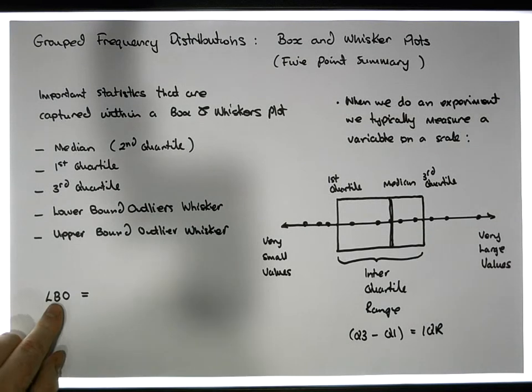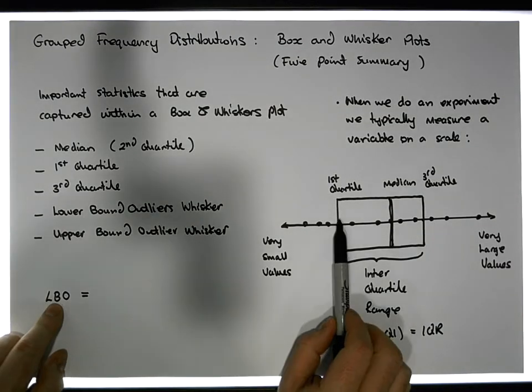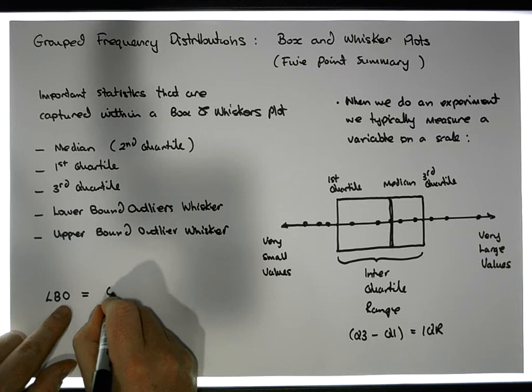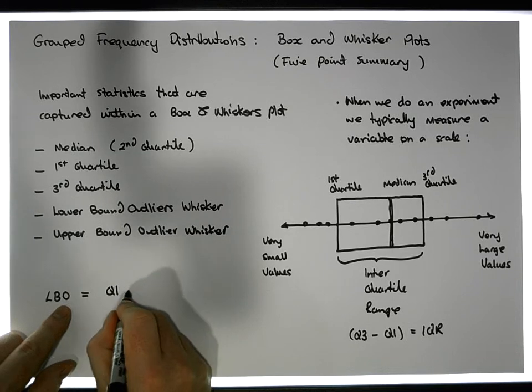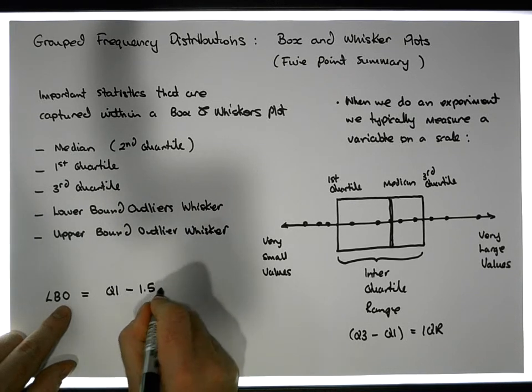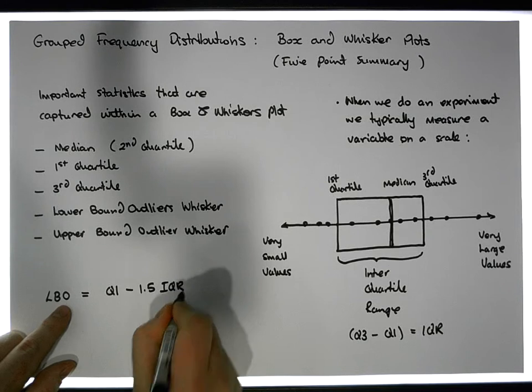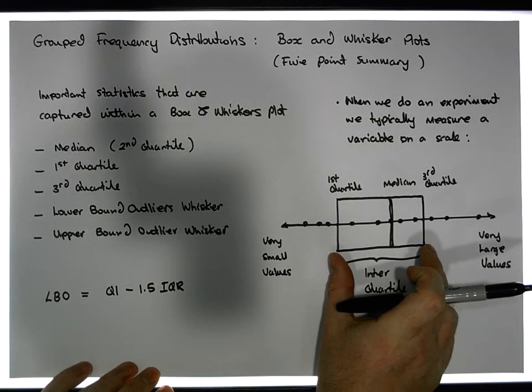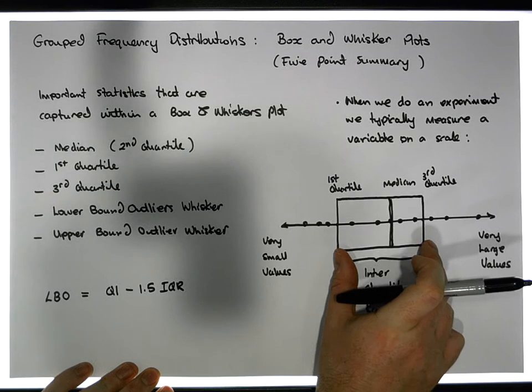So the lower bound outliers are any values that are less than the first quartile by 1.5 times the interquartile range. So they're any values less than Q1 minus 1.5 times the interquartile range. Now, if you look at this particular data set, the interquartile range is this distance here.